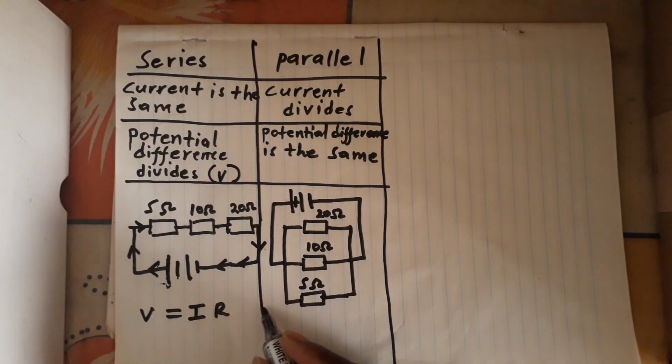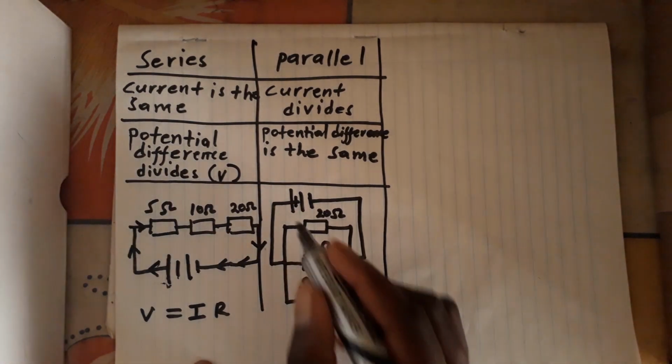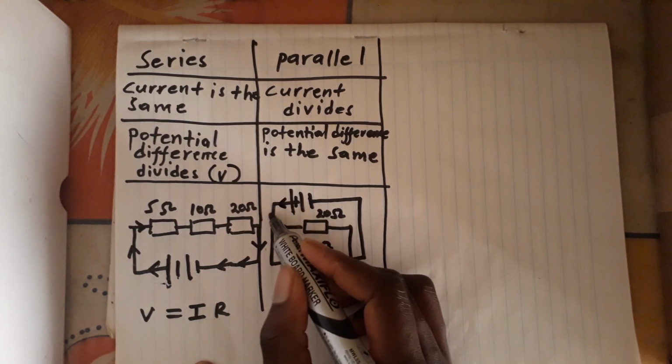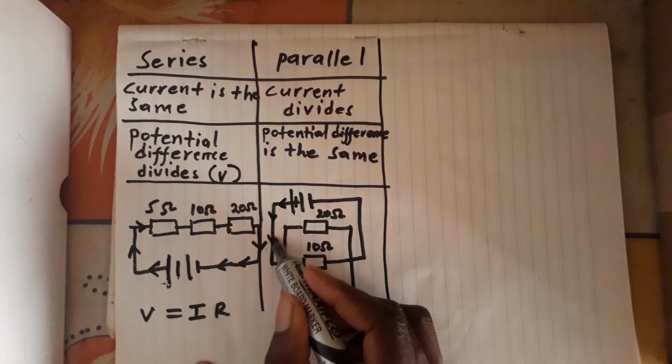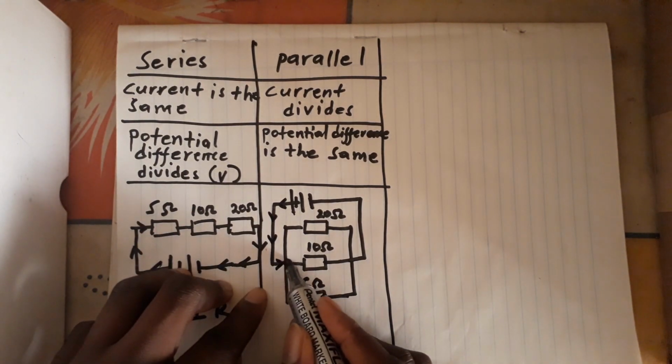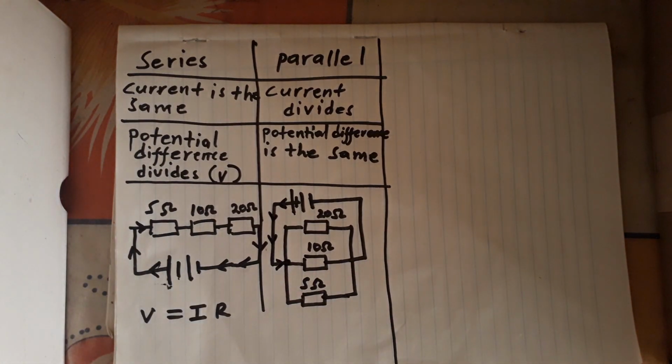Okay, then we come to this one. This is the positive terminal of the battery. Then we're going to follow this path. But when we reach this point, the current is going to split up.